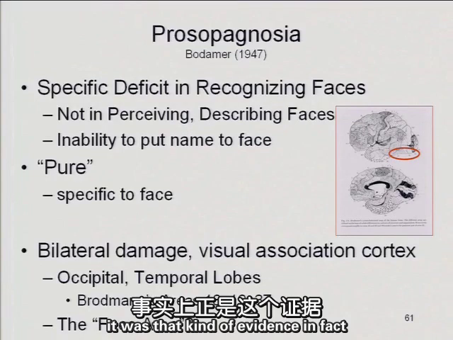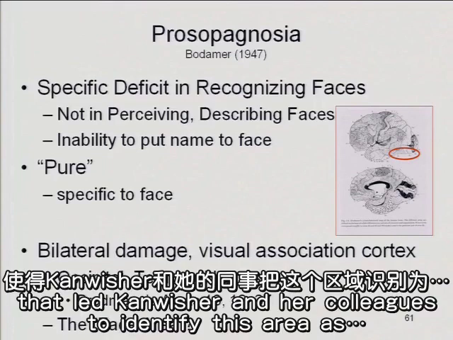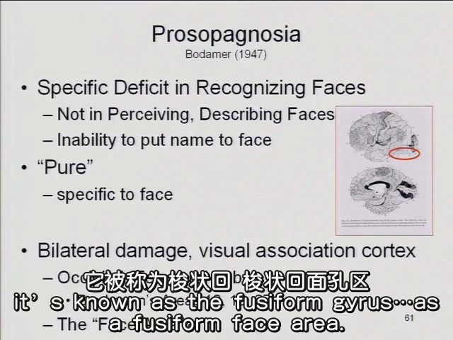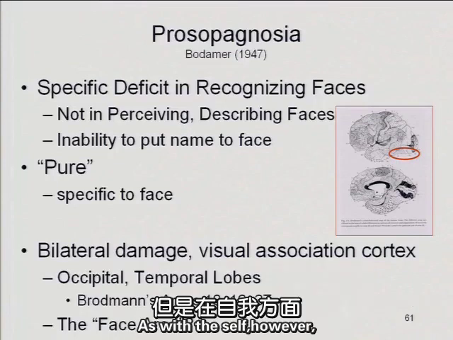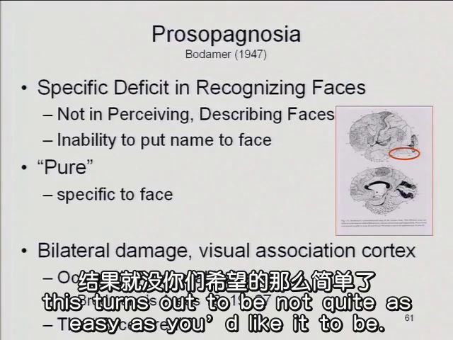It was that kind of evidence, in fact, that led Kanwisher and her colleagues to identify this area, known as the fusiform gyrus, as the fusiform face area. As with the self, however, this turns out to be not quite as easy as you'd like it to be.